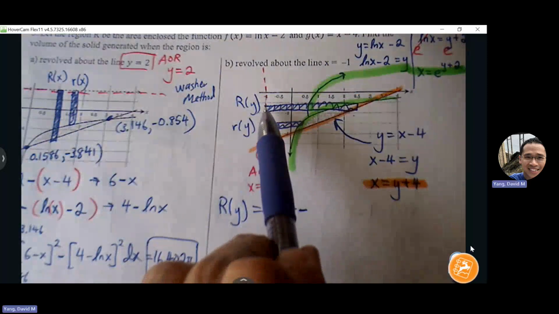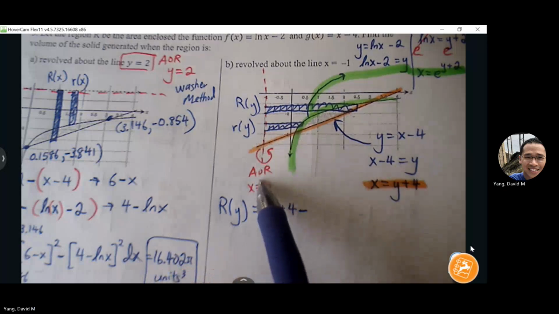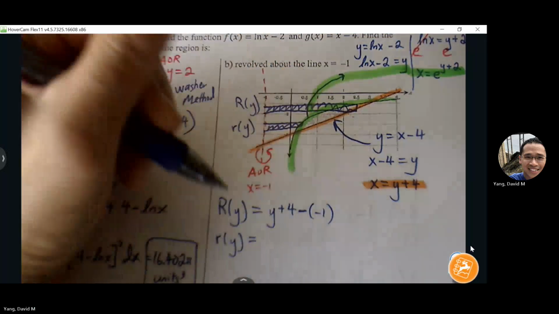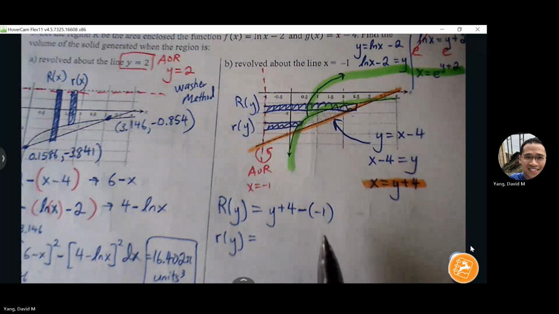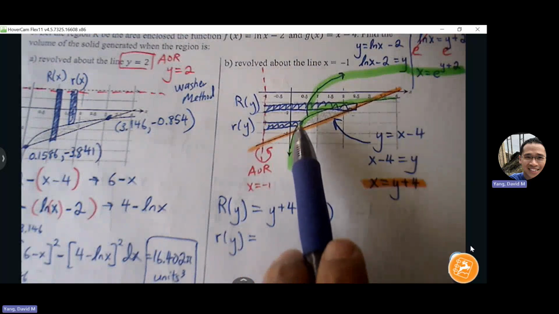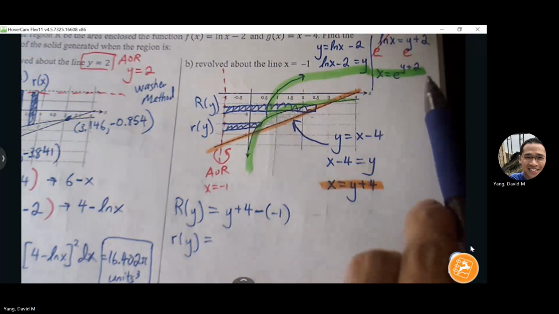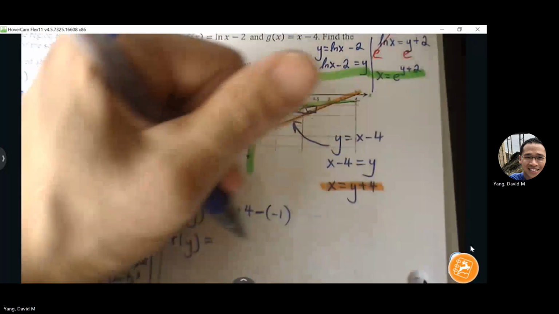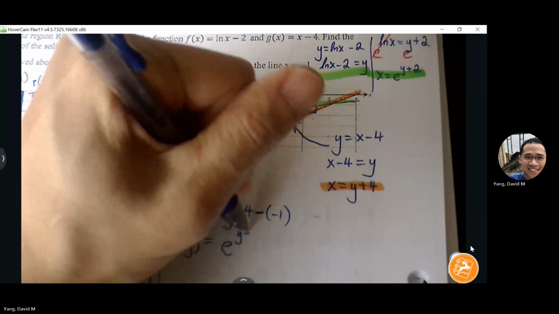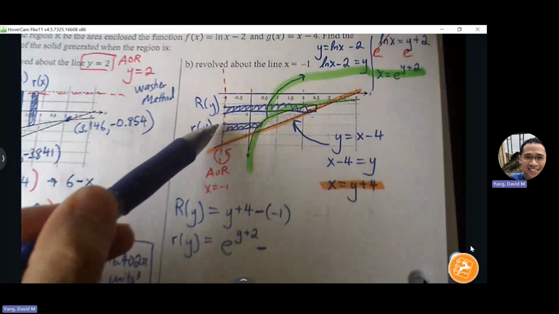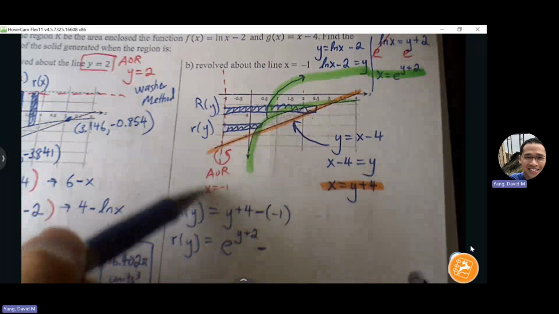Minus, what's the left endpoint of big radius sitting on? Right minus left for little r. Right endpoint of little radius is sitting where? Plus 2. Minus left endpoint of my little radius is at a negative 1.